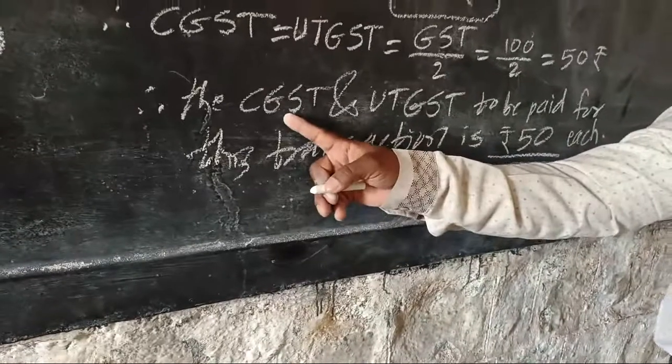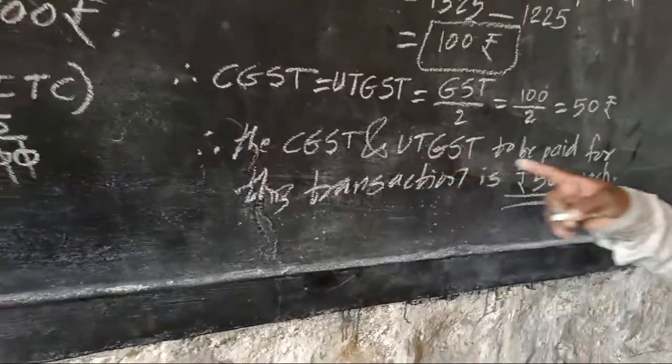Each means for CGST also 50 and UTGST also 50.